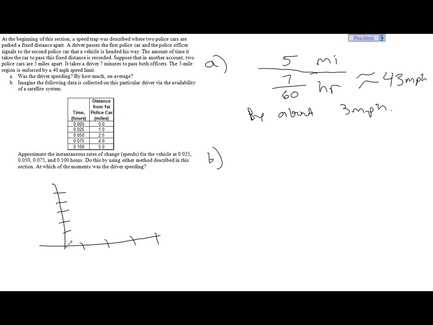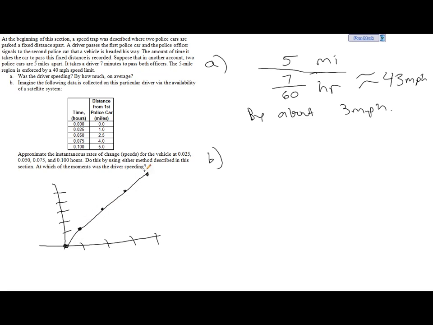At time 0, we're at a distance of 0. At time 0.025, we're at a distance of 1. And then 2.5. And then we're at 4. And then we're at 5. So maybe not totally clear, but it looks like maybe we're getting something like this.